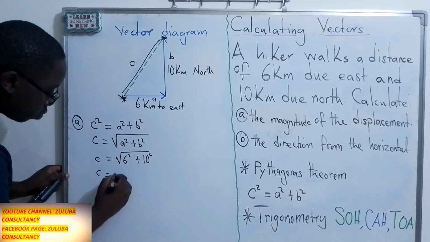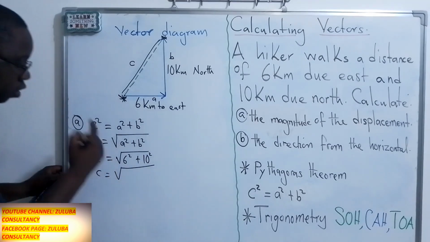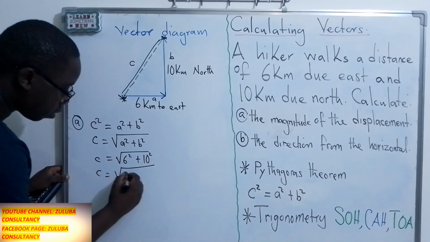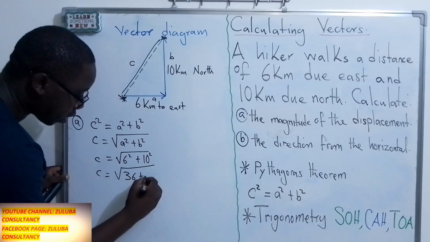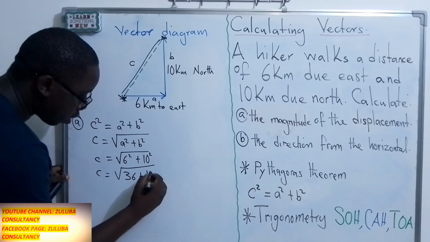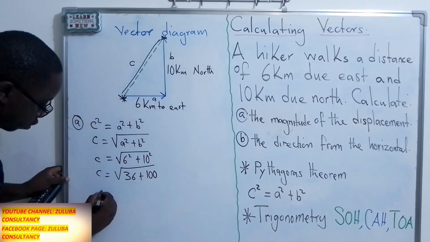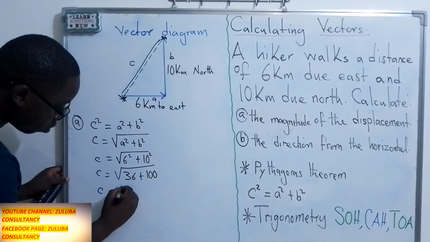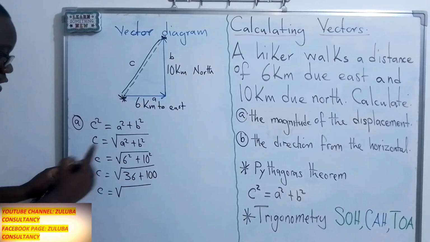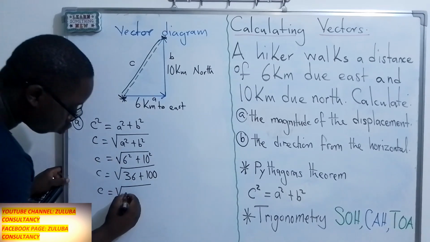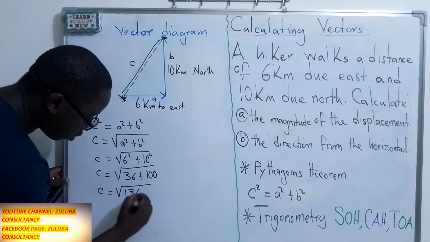C is equal to the square root of 6 squared, which is 36, plus 10 squared, which is 100. So c is equal to the square root of 36 plus 100, which gives us 136.